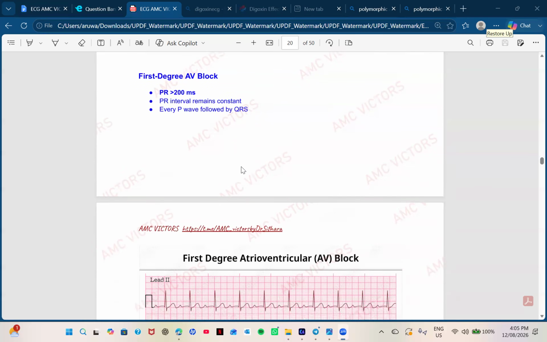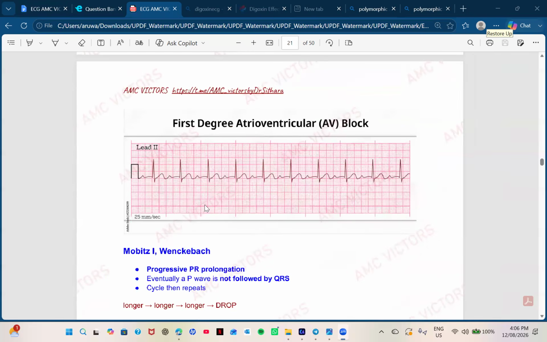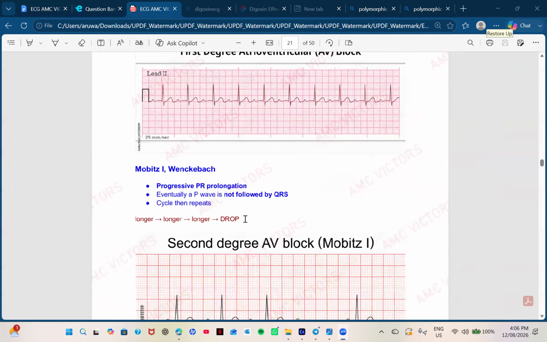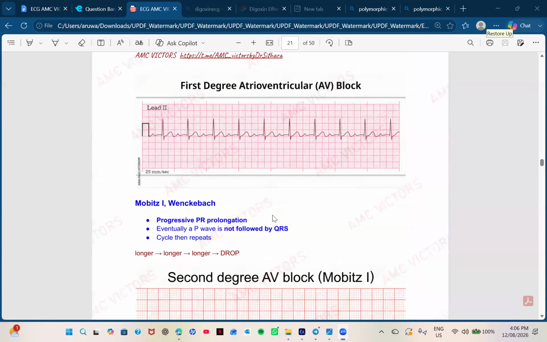Every P wave is followed by a QRS. Here, first degree AV block, long PR interval. Then second degree type 1, Mobitz 1 or Wenckebach.